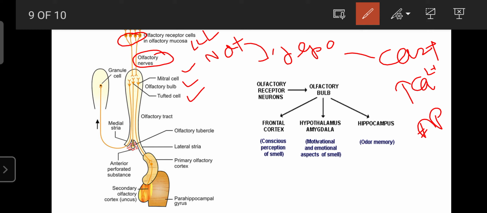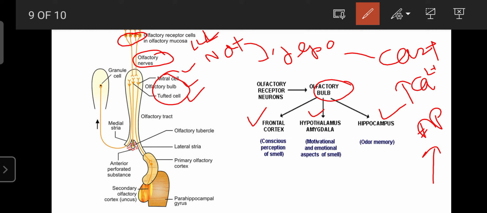These cells can bifurcate the action potential regarding the respective smell, and they further relay the same action potential towards the frontal cortex, hypothalamus, amygdala, and hippocampus, according to the action potential that was generated in the receptor cell.